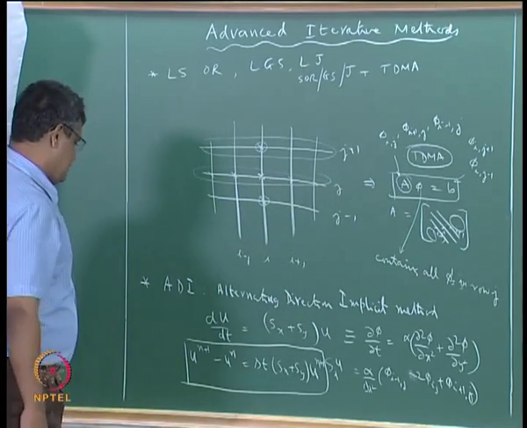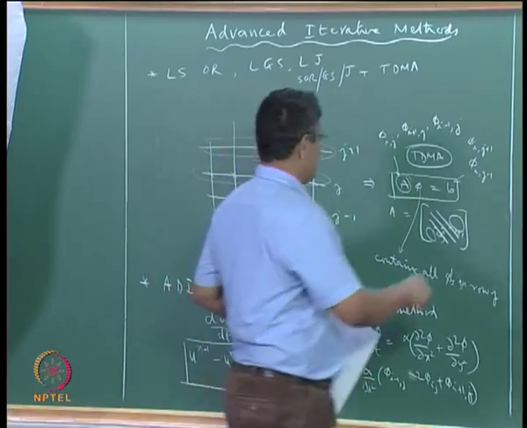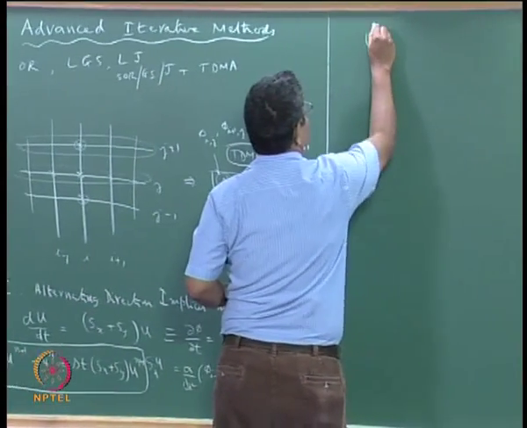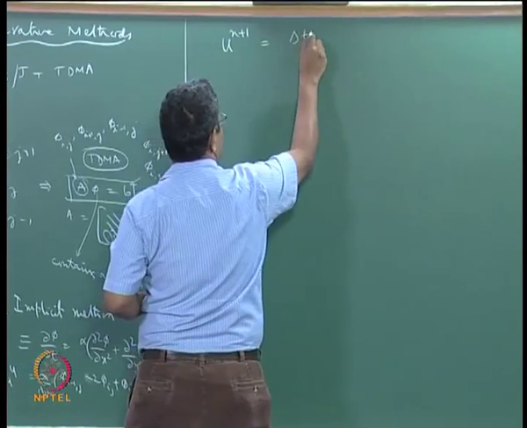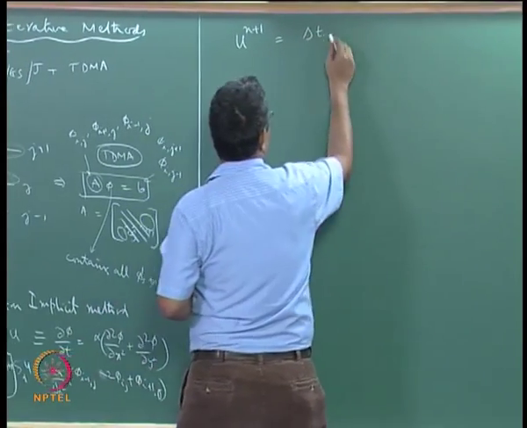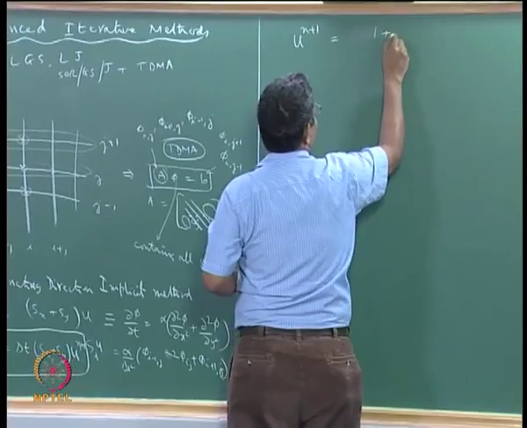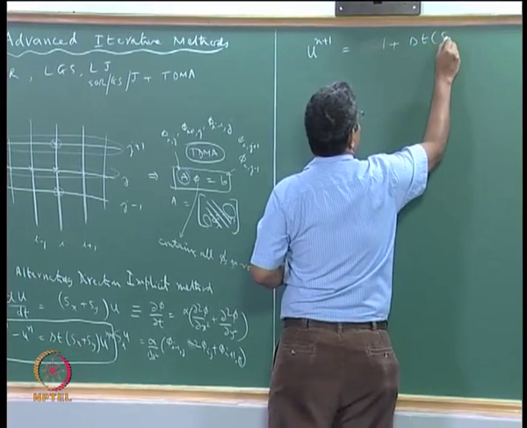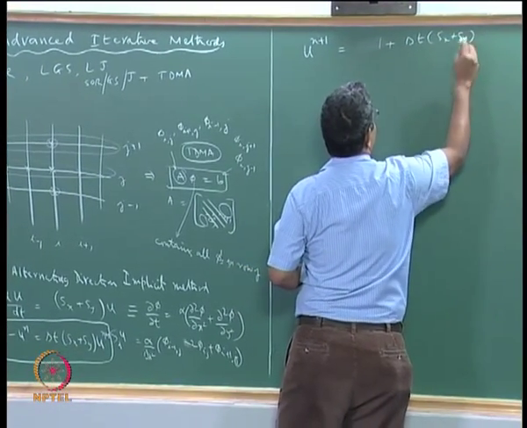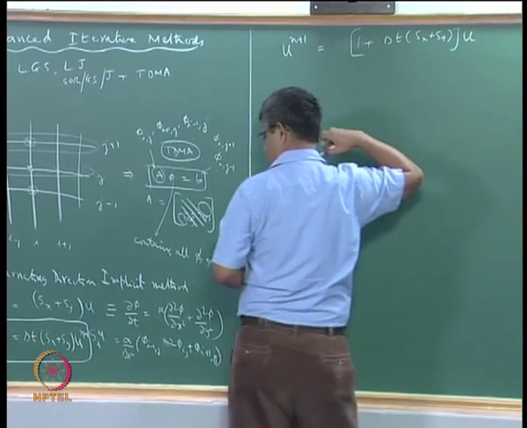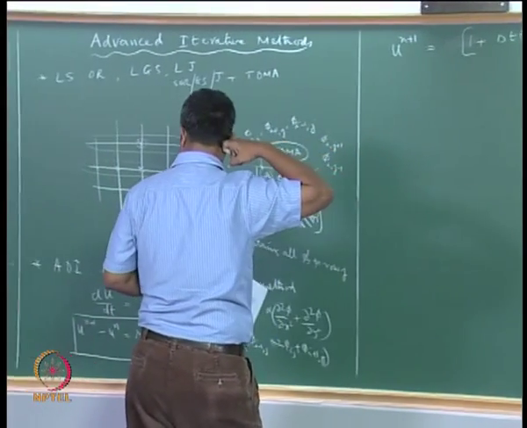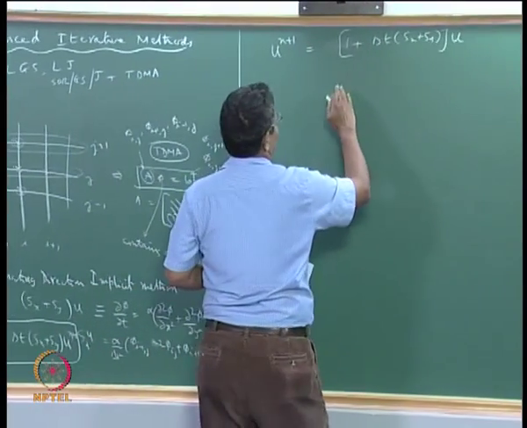So we can write this here as delta t, okay, 1 plus delta t of Sx plus Sy, this whole thing times u.